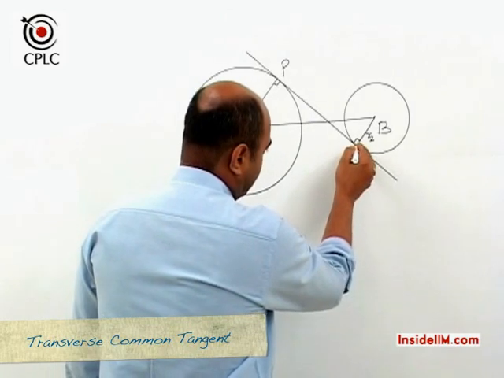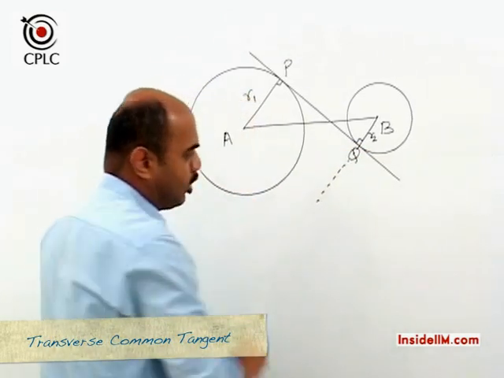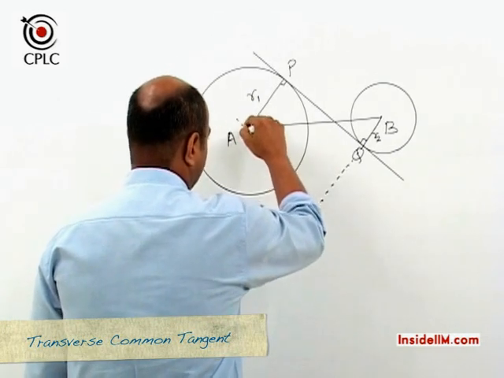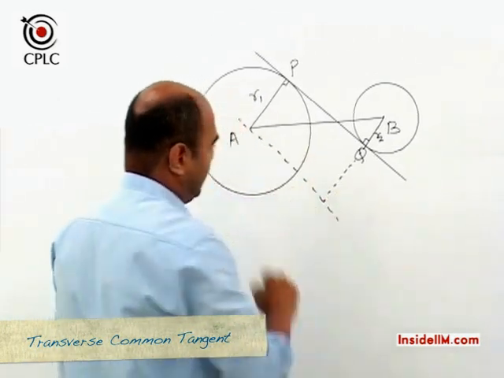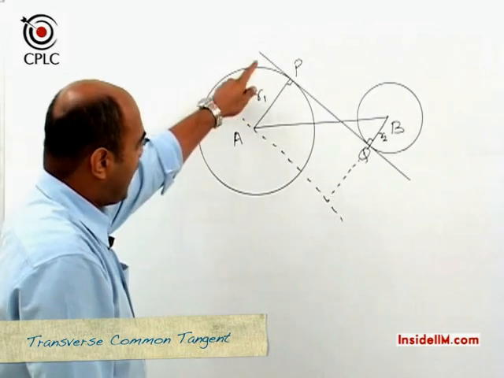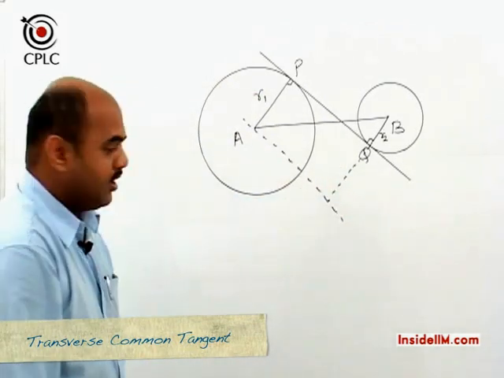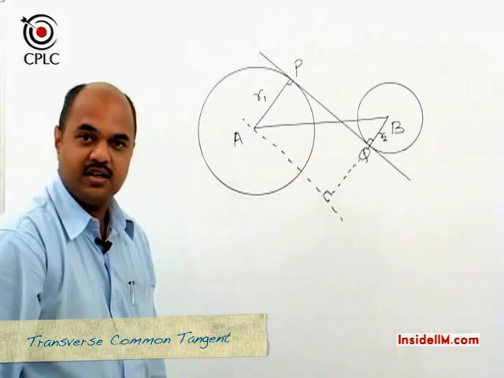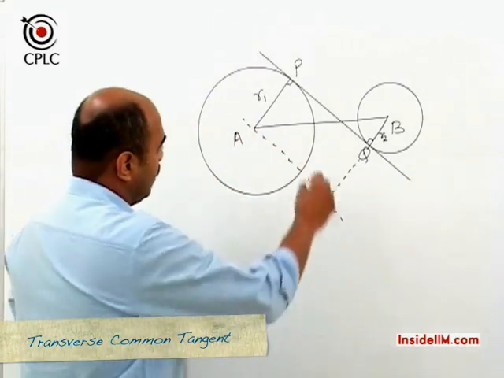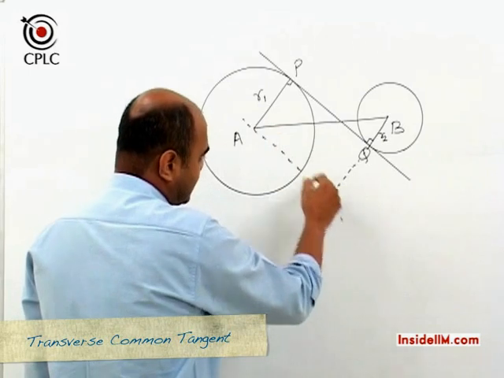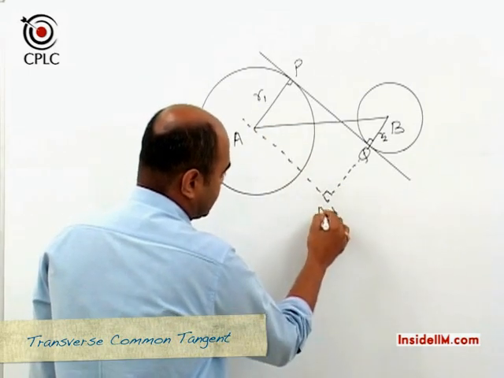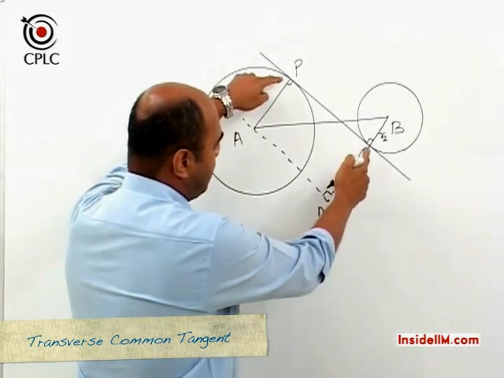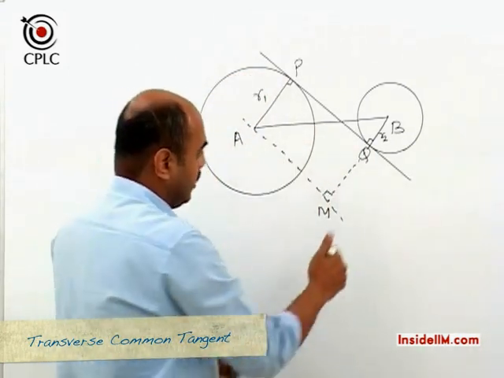Now if we extend this BQ beyond Q, and through this point A we draw a line which is parallel to PQ, then we would get this angle here also as a right angle. If this point is M, then this length AM would be the same as PQ.